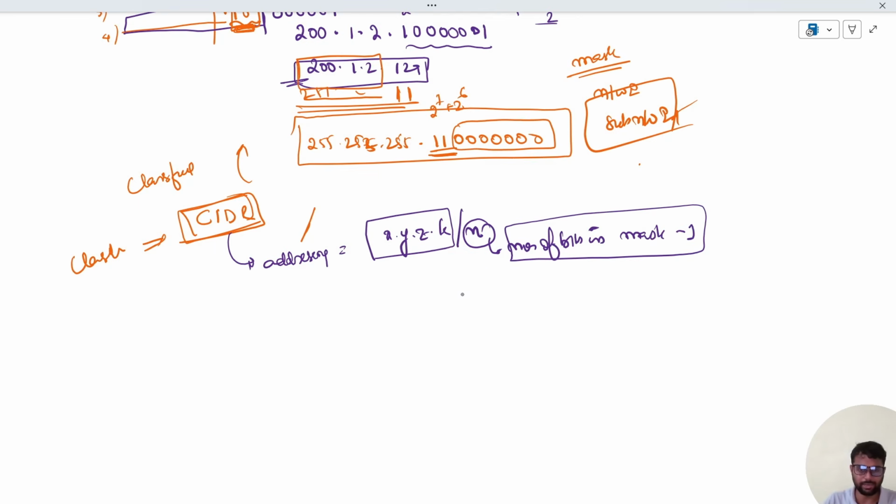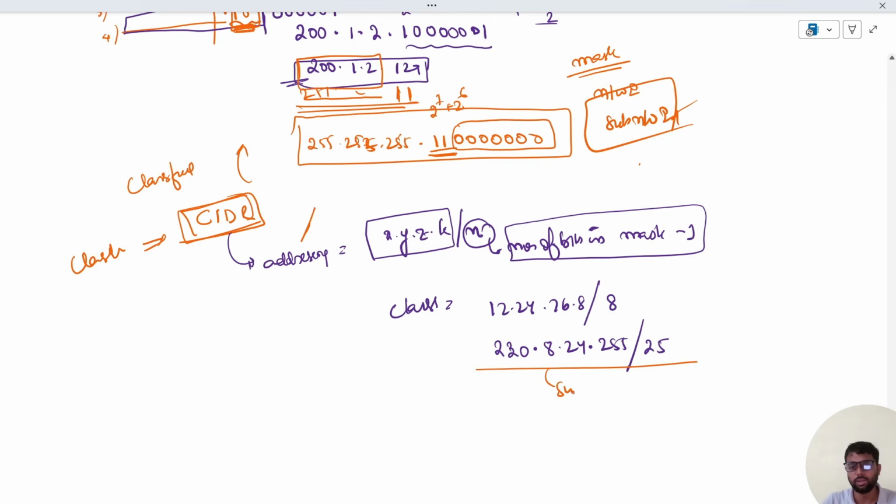So if we want to represent class A, for example, 12.24.76.8, if this is the IP address, the mask is of how many bits? 8 bits. For class B, suppose we have 220.8.24.255, and we say that it is 25. So the 25 itself represents that this is a subnetwork. This is a subnet IP address.